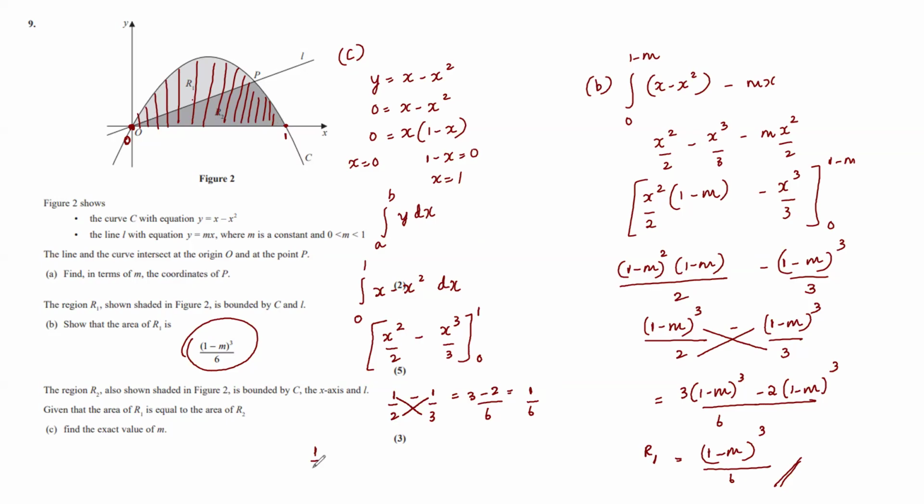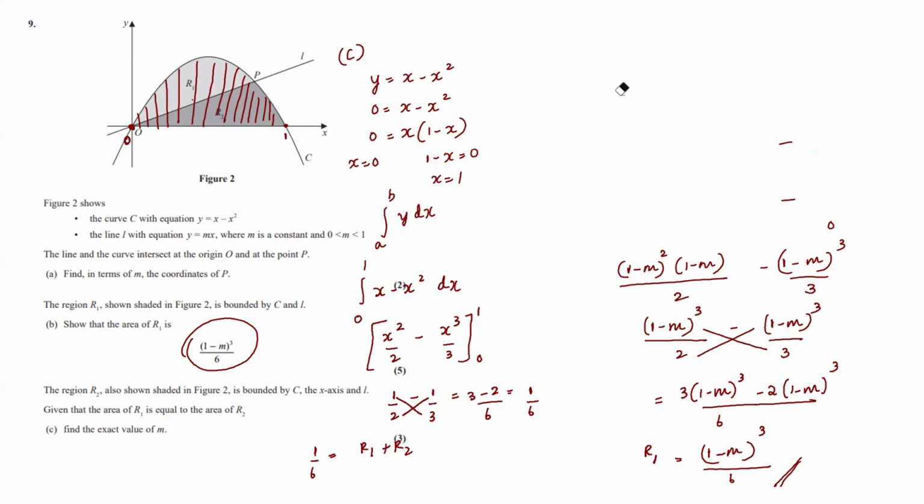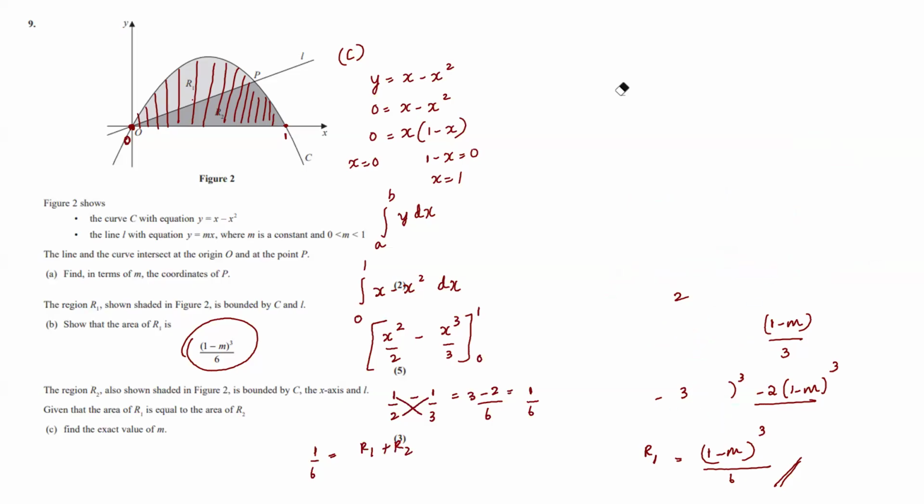Now this 1 by 6 is what? 1 by 6 is R1 plus R2. And we know that R1 and R2 are the same thing. So 1 by 6 is equal to R1 plus R2. And we already got the R1 value. So we'll just use that to solve part C. Okay.